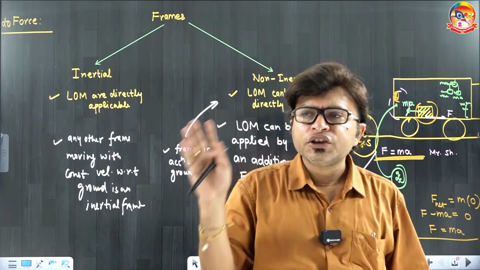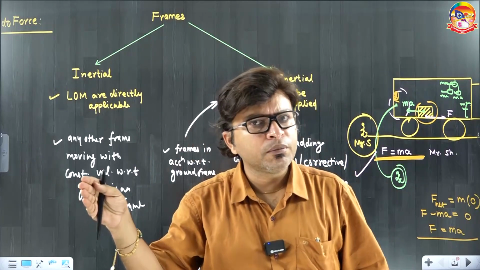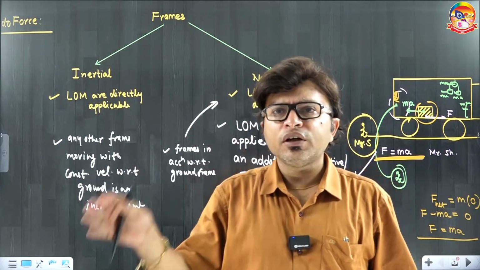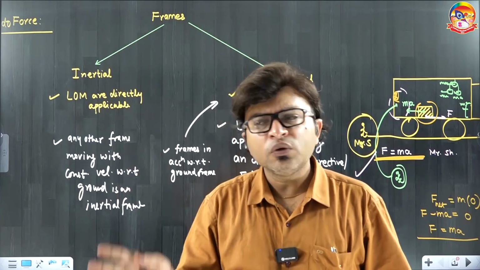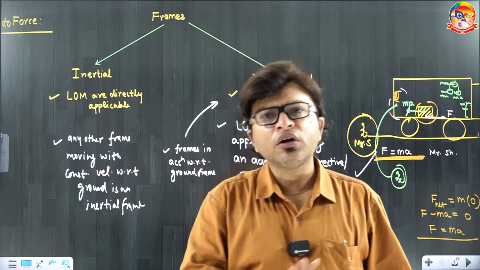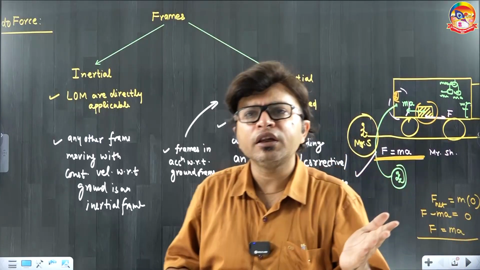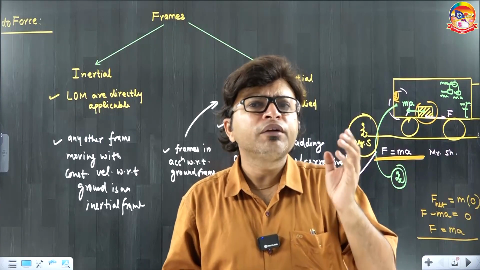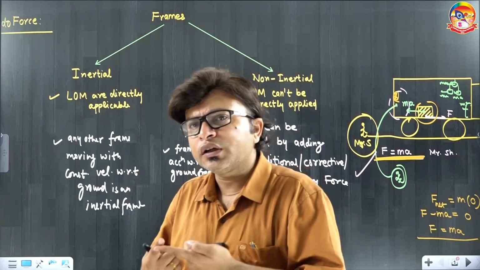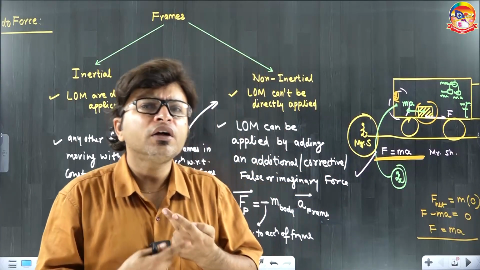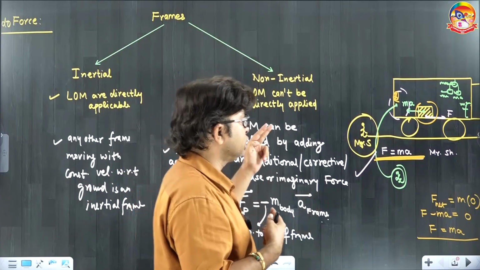So, inertial frame, laws of motions are directly applied. Ground frame is an inertial frame. Any frame moving with constant velocity with respect to ground is also an inertial frame. Non-inertial frame, laws of motion cannot be directly applied. Here, when we shift into the frame, we have to apply a pseudo force, which is not a real force, which is applied always opposite to the direction of acceleration of the frame.